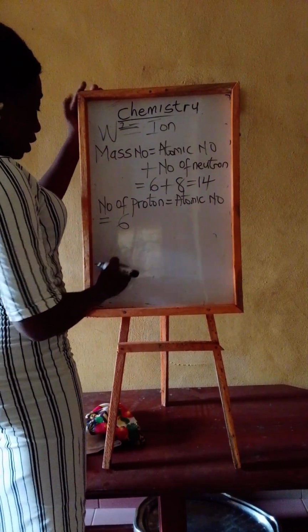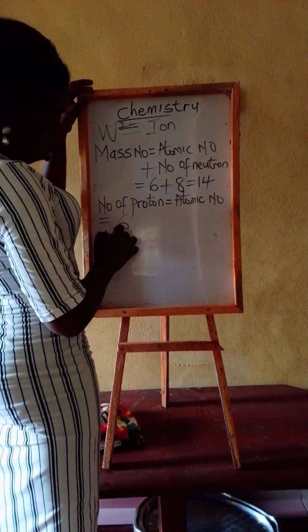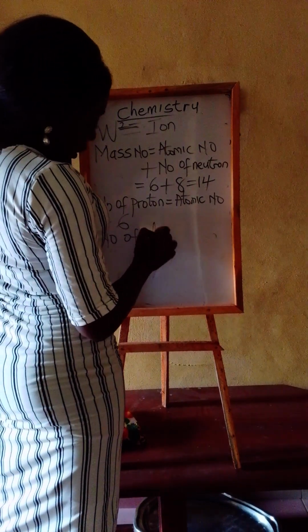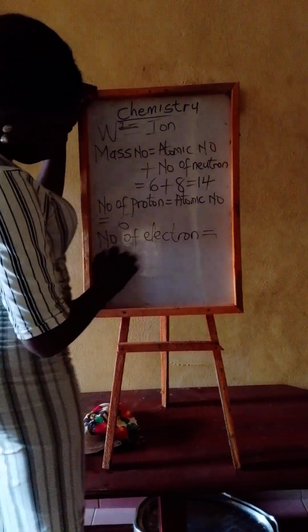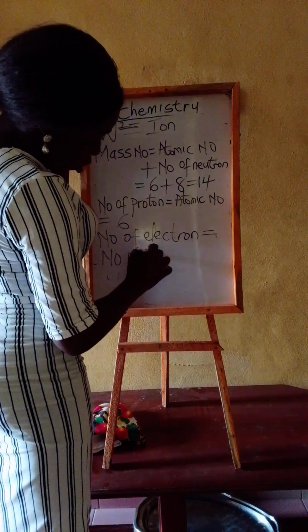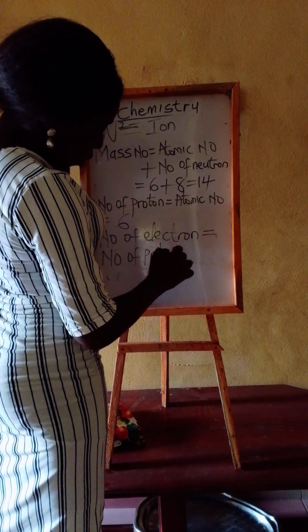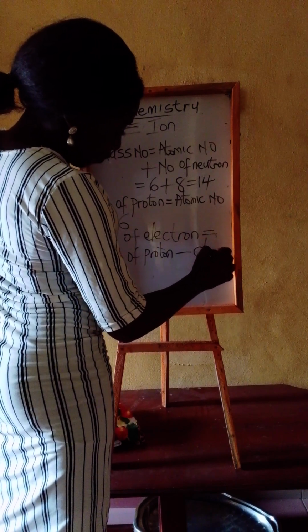So we have to calculate the number of electrons. The number of electron equals to number of proton, or you say atomic number, anyone, minus charge.